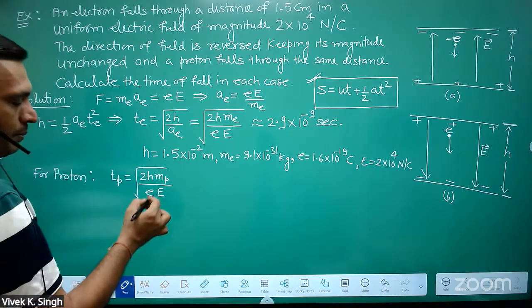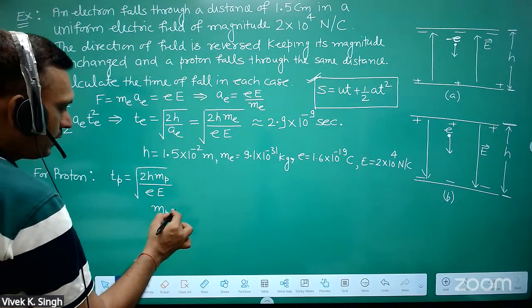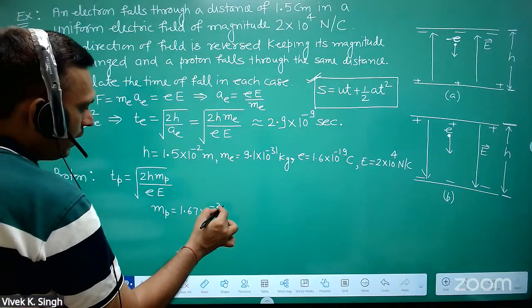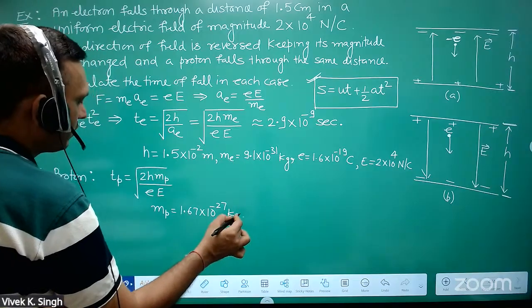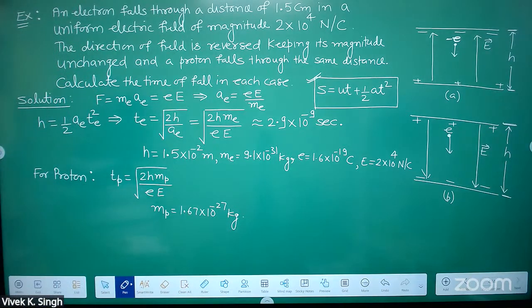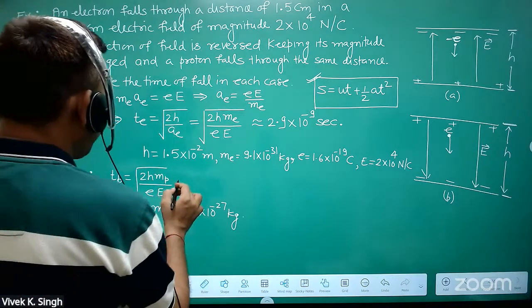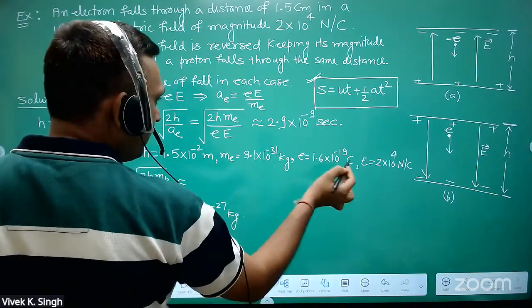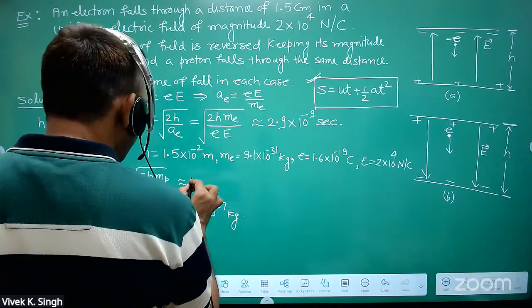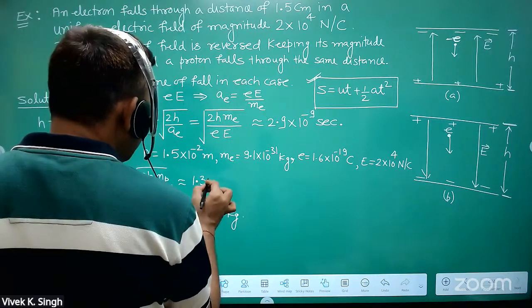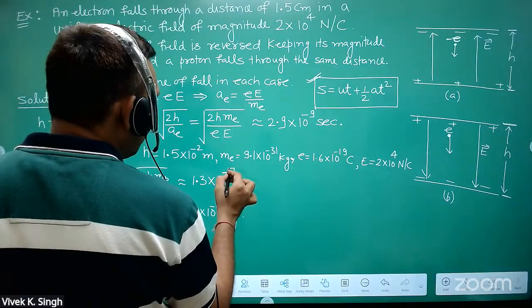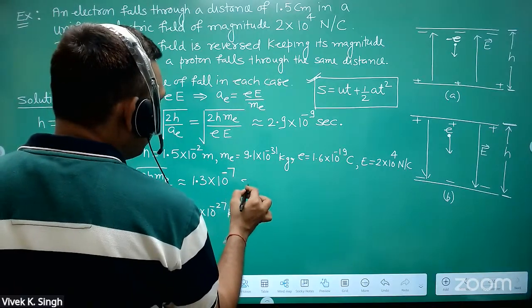Everything is same except mass of proton. You know that this is 1.67 into 10 to power minus 27 kg. If you calculate the value by substituting all these values, this is 1.3 into 10 to power minus 7 second.